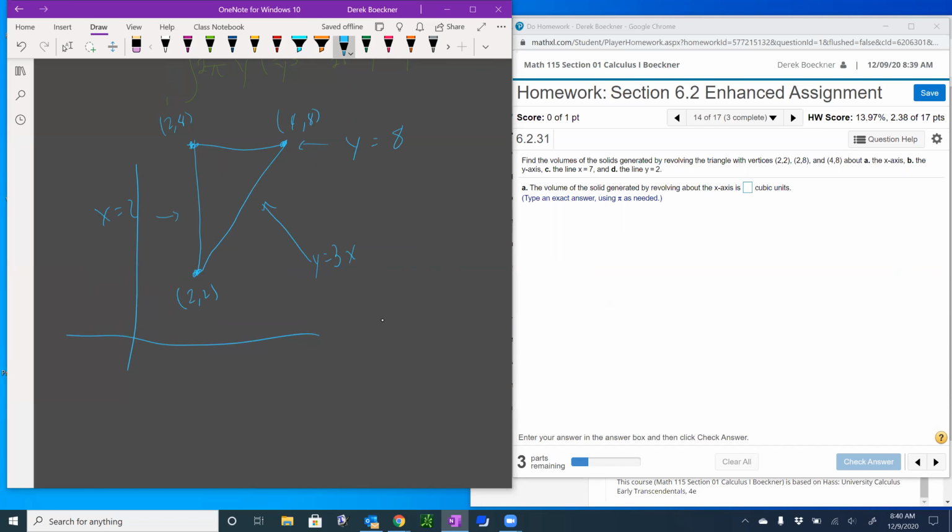And so 3x minus 4 is that line. Okay, so we got everything labeled. All the sides are labeled, all the corners are labeled. We want to rotate A around the x-axis.